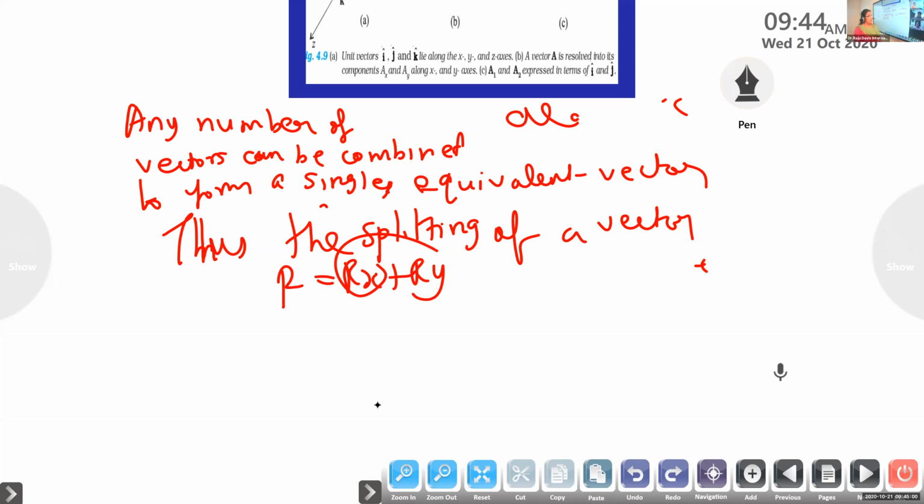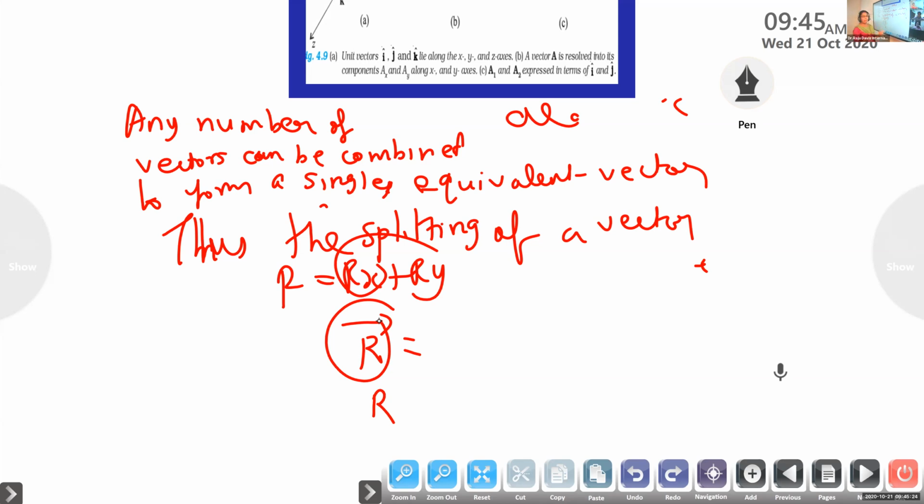We already know R is a vector and its magnitude is R. Now, how do we represent this vector in vector components?